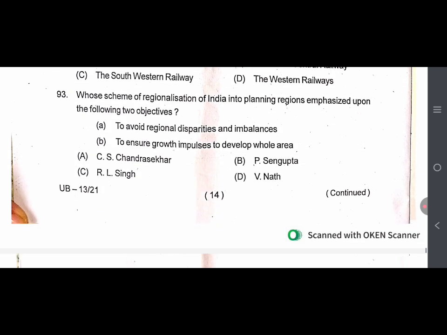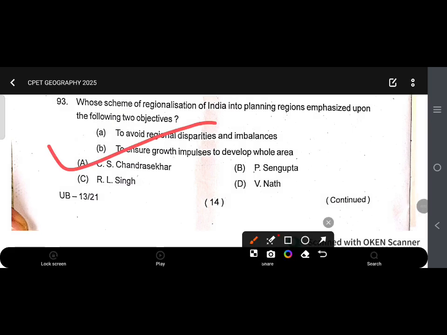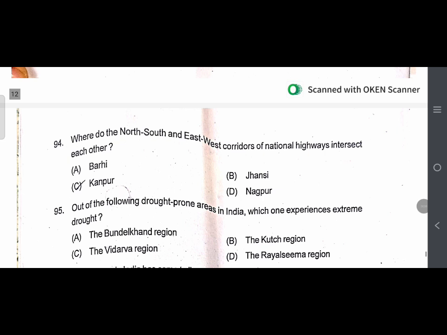Which scheme of regionalism of India into planning regions emphasized upon the following two objectives? Okay, answer to be option A, C.S. Chandrasekhar. 94. Where do the north south and east west corridor of national highway intersect each other? Okay, answer to be option A.